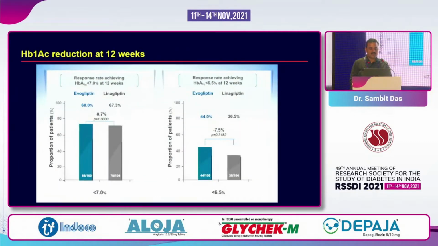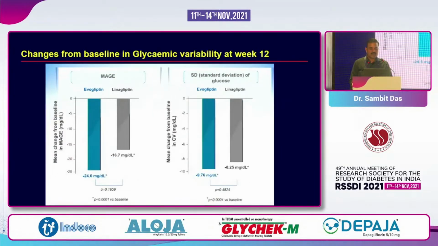The percentage of patients who could achieve an A1c of less than 7% at 12 weeks is also comparable between Evogliptin and linagliptin. And as I have told, it was a CGMS-based study in the initial part and at the end of 12 weeks, and they found that the mean amplitude of glucose excursion with the CGM was numerically better with Evogliptin, but it didn't achieve statistical significance, so we cannot comment on that.